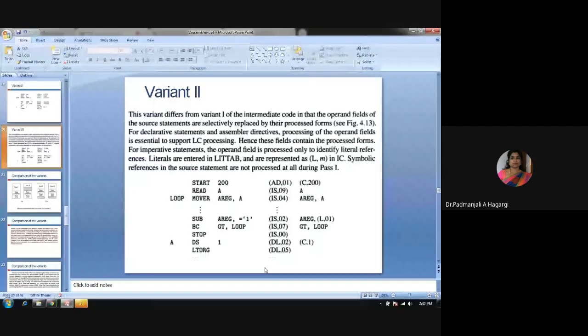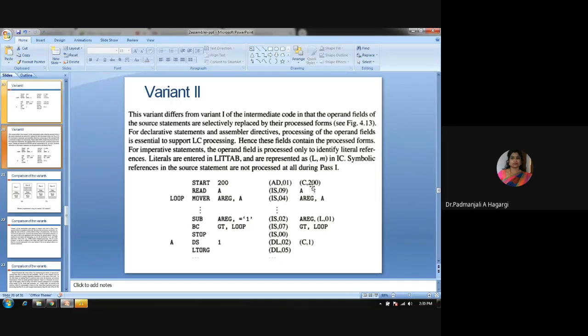In pass 1 it will write what type of instruction it is. It is an assembler directive, category 01. It describes them with complete information, and after the description it can pick only the code, like 01 and 200.